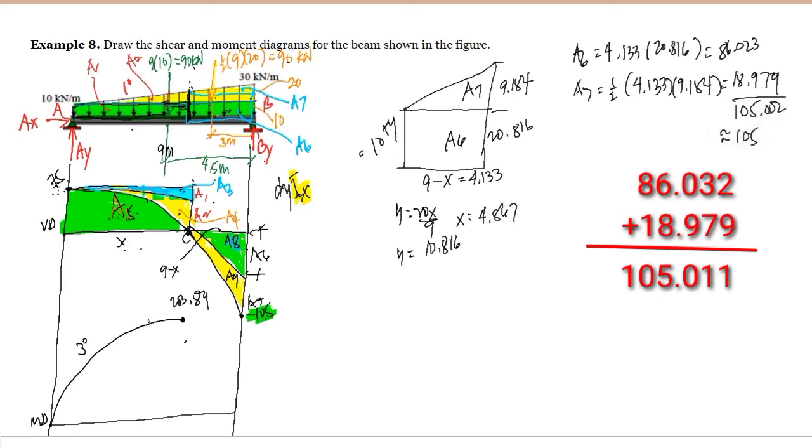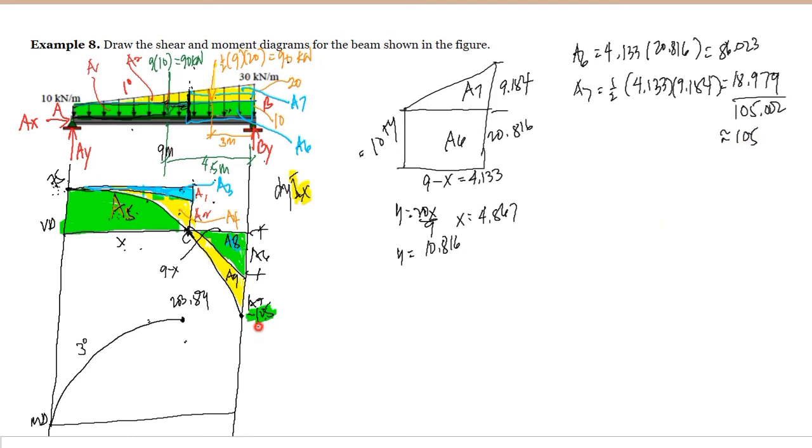Wherein yung sabi ko nga kanina, pag pinagsama natin si area 6 and 7, dapat 105 siya. So that's correct. Okay, so out of this, we now compute for the value of area 8 and area 9. Yung area 8 and area 9, pag pinagsama natin, dapat yan ay equal sa 203.89. Ito kasi sila yung ima-minus natin doon para mapa-zero natin yung moment natin dito.